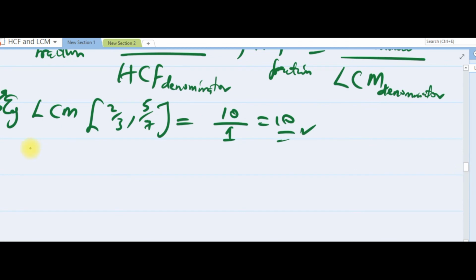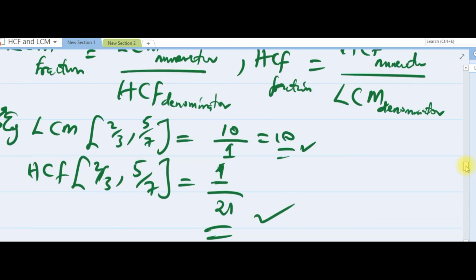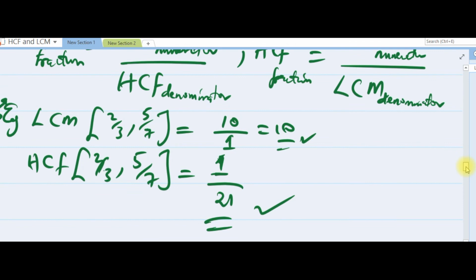Again, let's get the HCF of the same numbers, 2/3 and 5/7. It's now the HCF of 2 and 5, which is 1, while the LCM of 3 and 7 is 21. So it's very simple. The formula is very nice. Once you are given any question on that, use the formula.